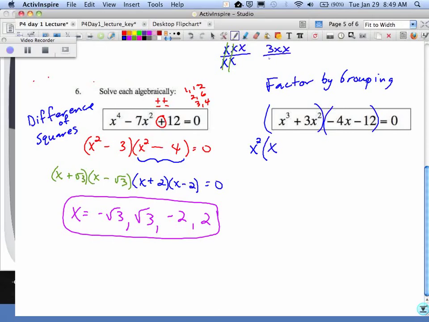What do the negative 4x and negative 12 have in common? A negative 4. So what's negative 4x divided by negative 4? Just the x. What's negative 12 divided by negative 4? Positive 3.